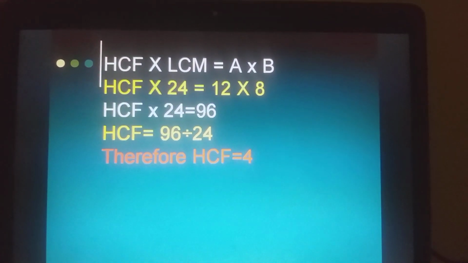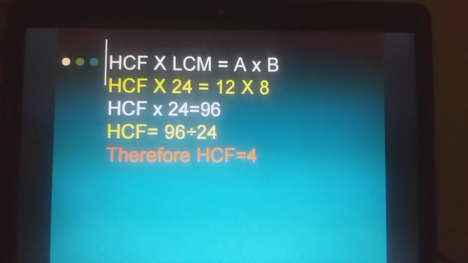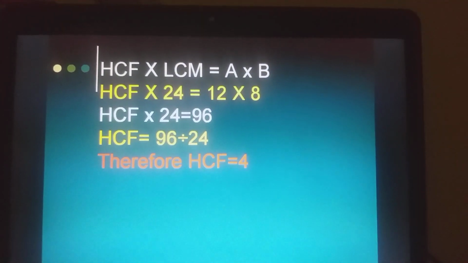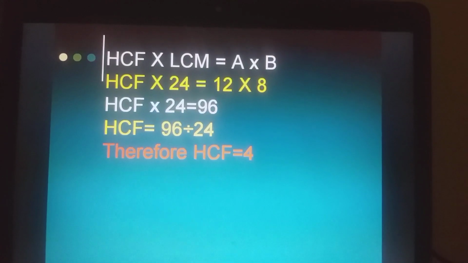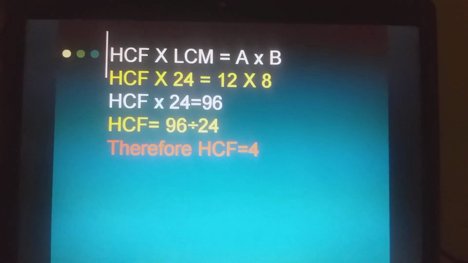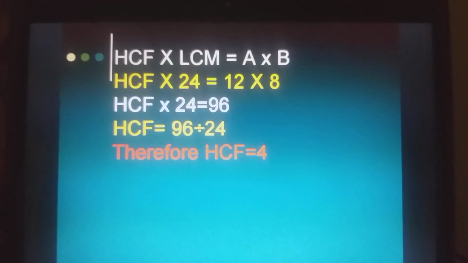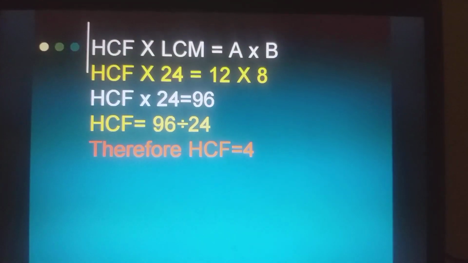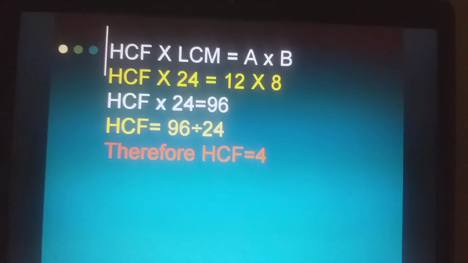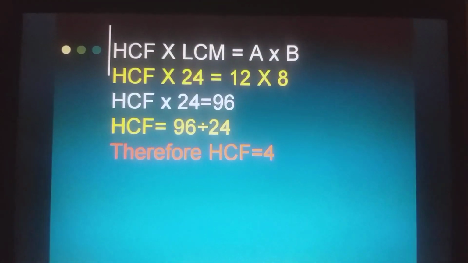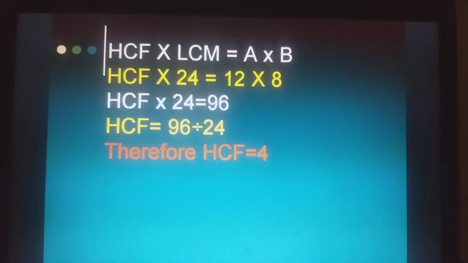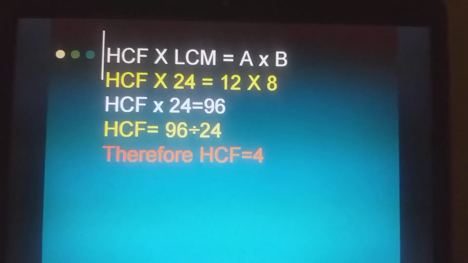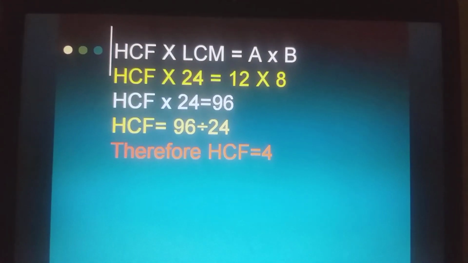HCF into LCM is equal to A into B. HCF we need to calculate, therefore we are writing it same, into LCM is 24. What is A and B? These are the two numbers, which is 12 into 8. HCF into 24 is equal to 96. 12 8s are 96. Now here for calculating HCF, we are again switching the sign, that is HCF is equal to 96 divided by 24. Therefore my HCF is equal to 4.